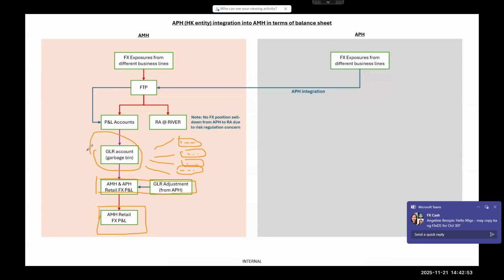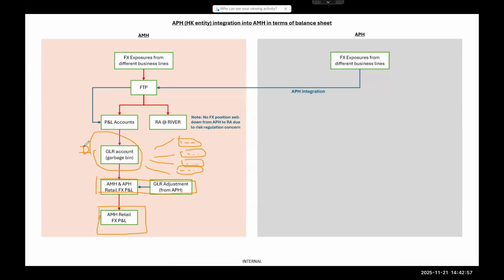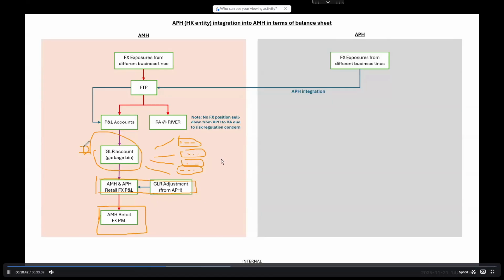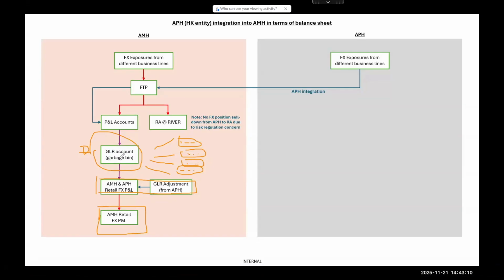So the GRL adjustment is also part of the adjustment we need for the retail FX P&L because we want to reflect the AMH retail FX P&L only rather than AMH plus APH retail FX P&L. So this is the objective of this task.